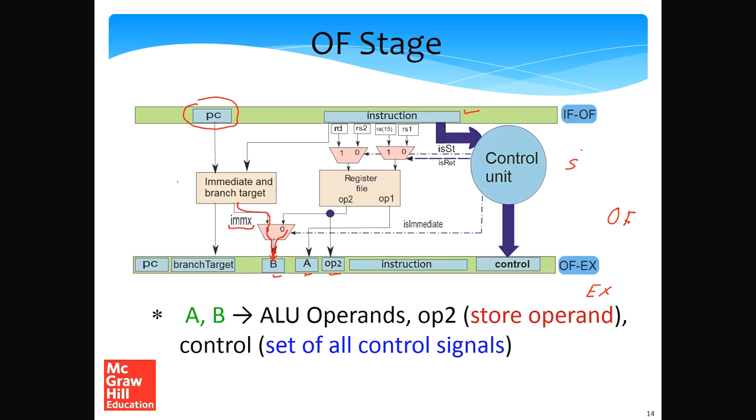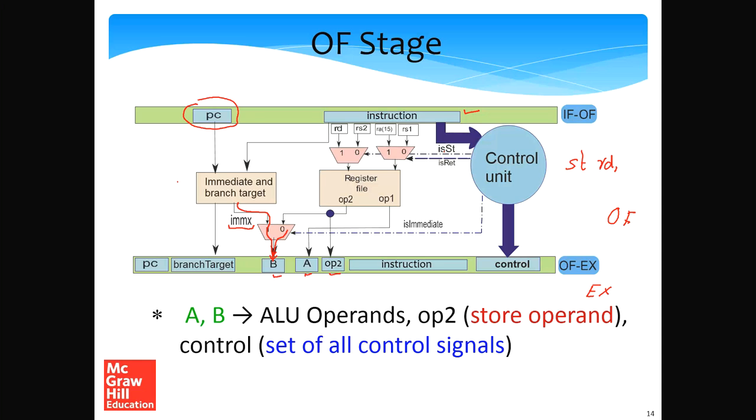We will have two registers, two source registers, and also one offset. So basically we will store into register RD.